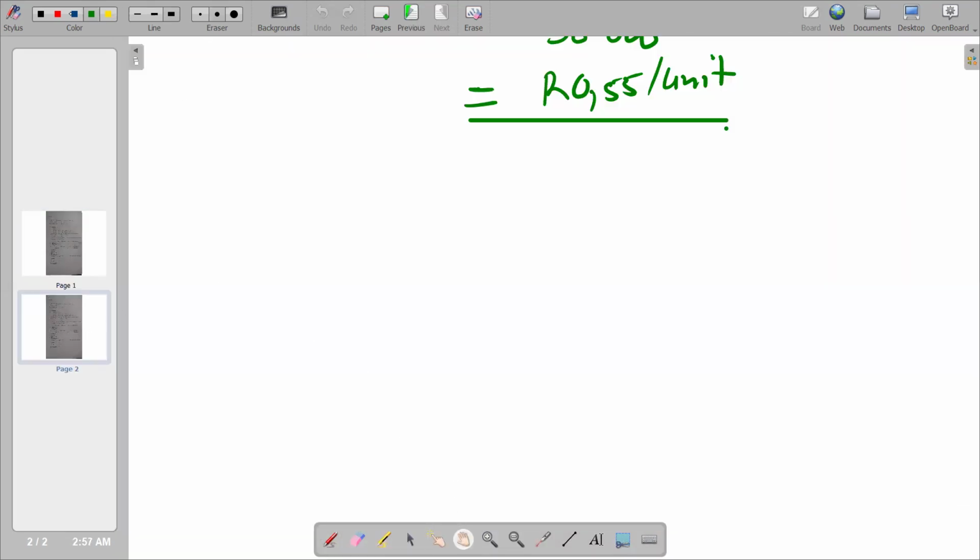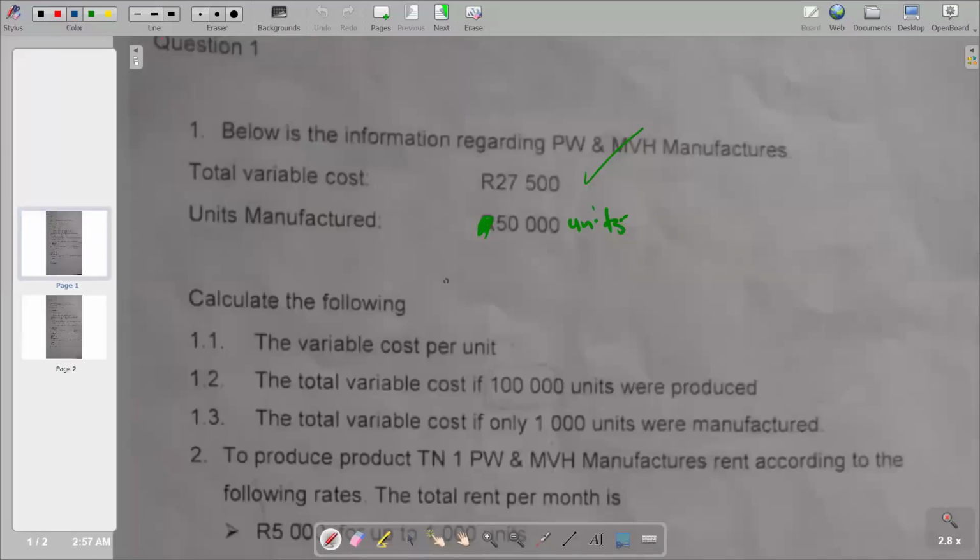So this is going to be our 1.2. You can alternatively make a proportion whereby you say 100,000 as a numerator, you divide by 50,000, and then you multiply by 27,500.